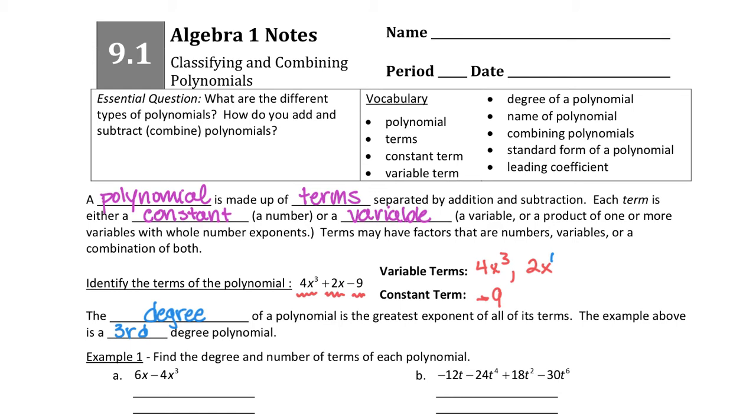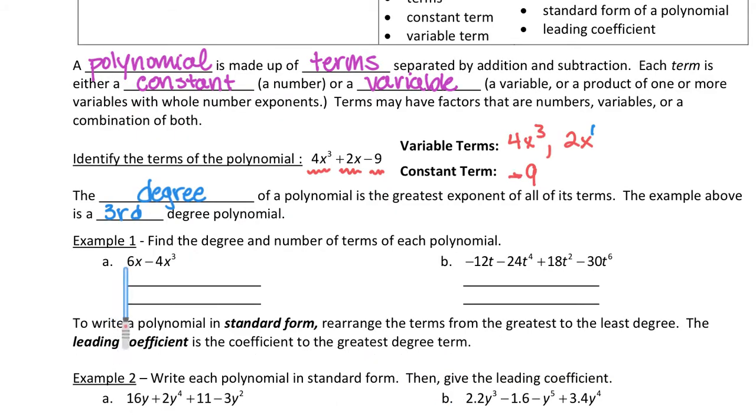Let's take a look at an example and find the degree and the number of terms of each polynomial. For this first example, we can take a look at the degree first. We can see our highest exponent here is 3. That makes this a third degree polynomial with 2 terms.